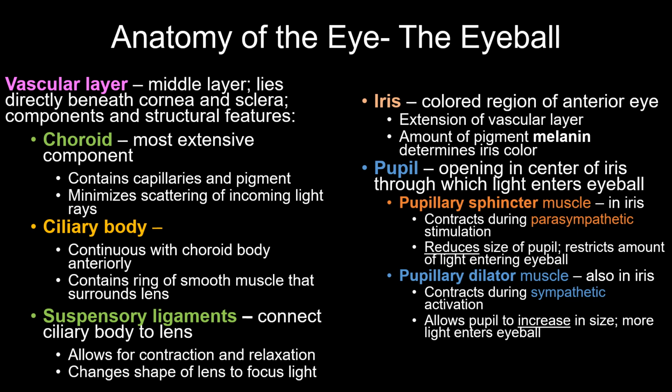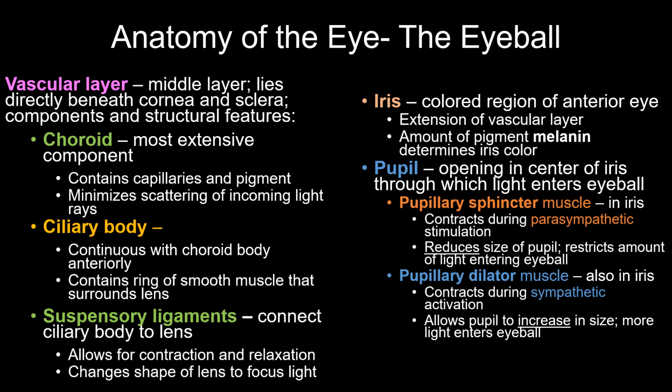You also have the iris in this section, and the iris is just an extension of the vascular layer that is just anterior to the ciliary body. Now, this is that visibly pigmented portion. If you have brown eyes, blue eyes, green eyes, this is where you're going to see that color. All of that color surrounds your circular pupil.